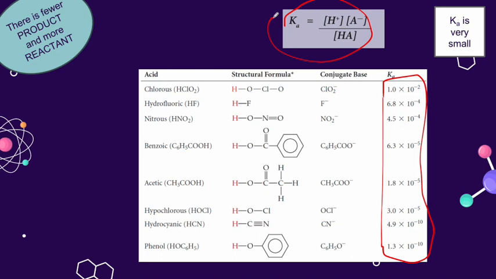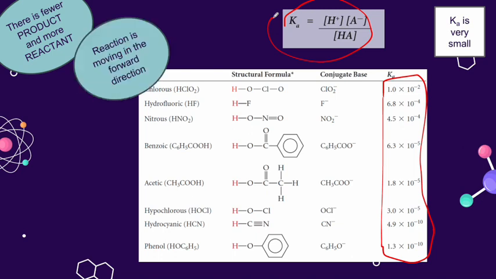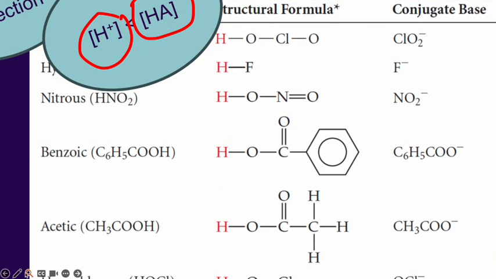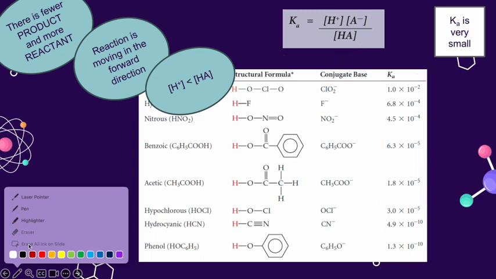We can also interpret that for these Ka values, the reaction is not moving much in the forward direction. This is also telling us that the concentration of hydrogen ions is going to be lower than the weak acid. So because HA dissociates into hydronium/hydrogen ions, and we know that it's not dissociating enough, it's going to be very small.